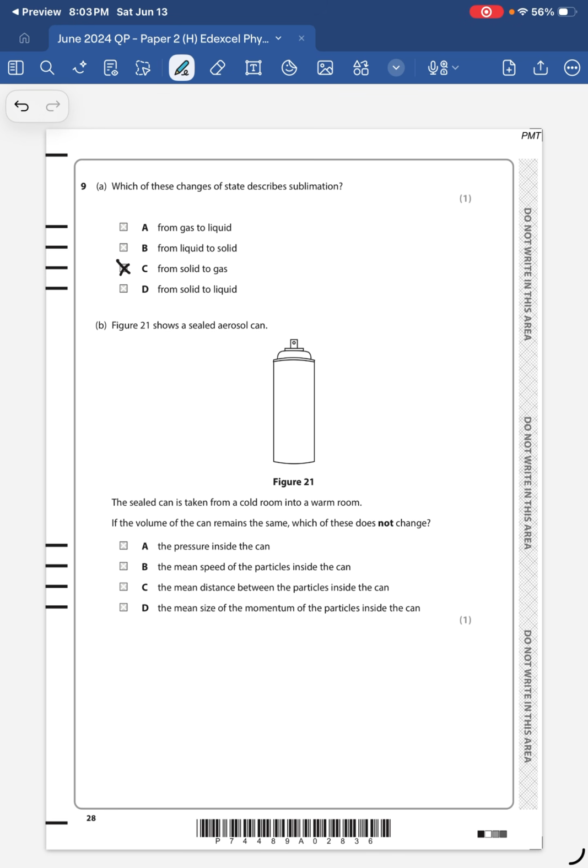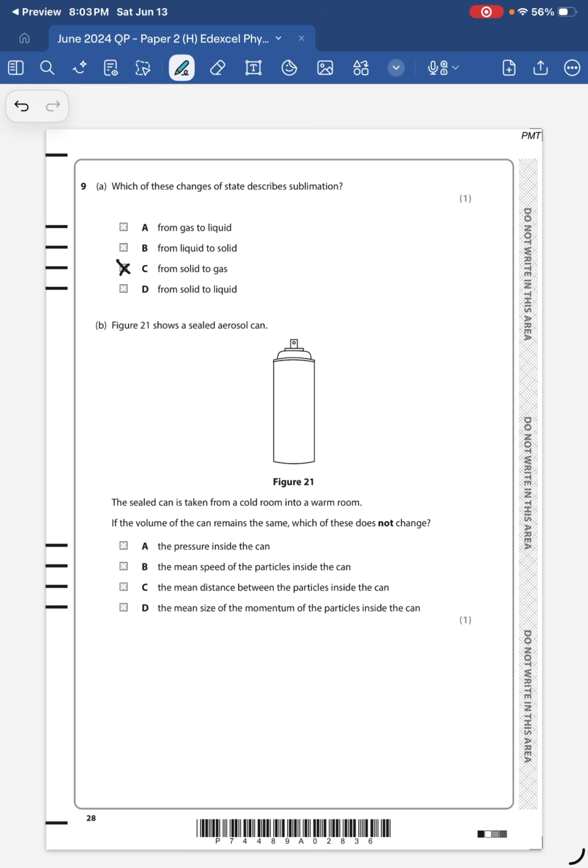So it does change, so that's not the answer. B, the mean speed of the particles inside the can, that changes, because moving to a warmer room warms the gas, so the particles move faster.